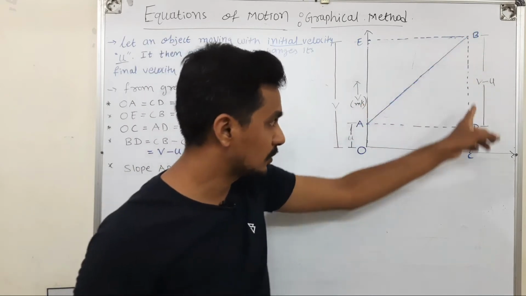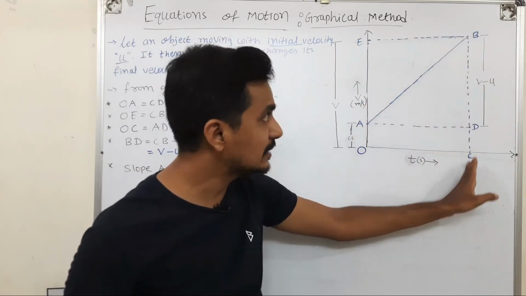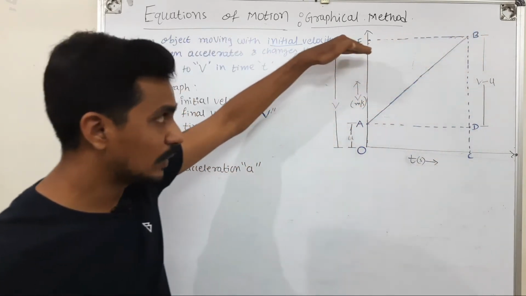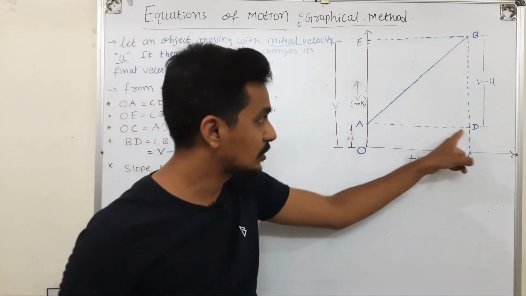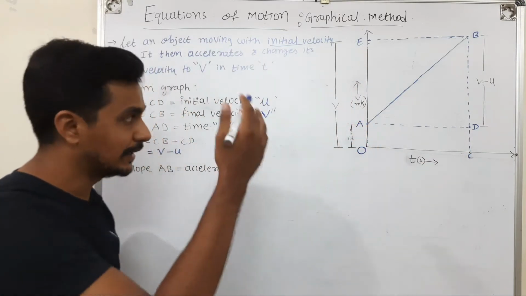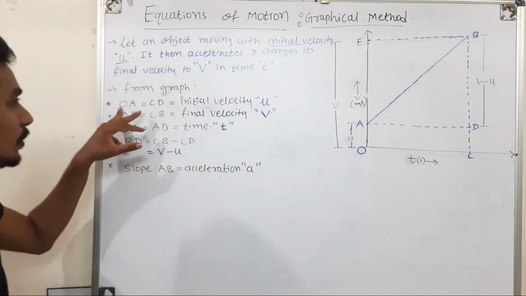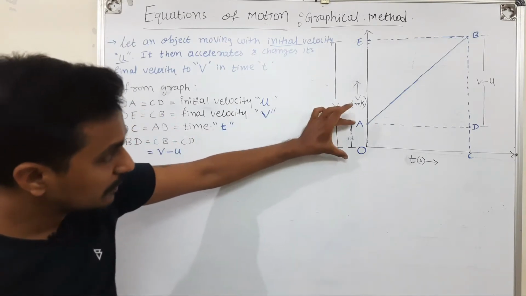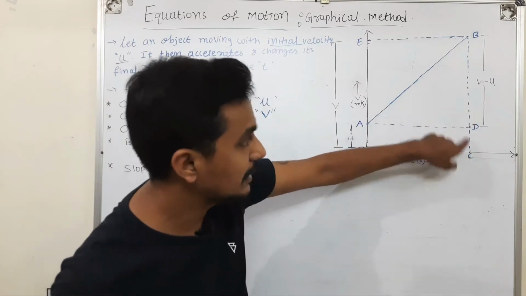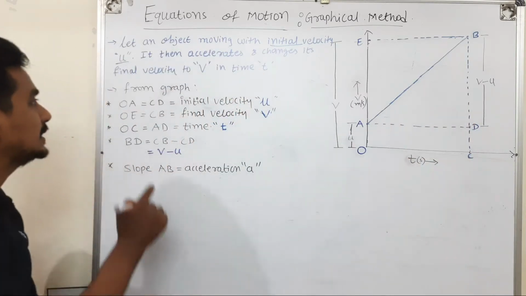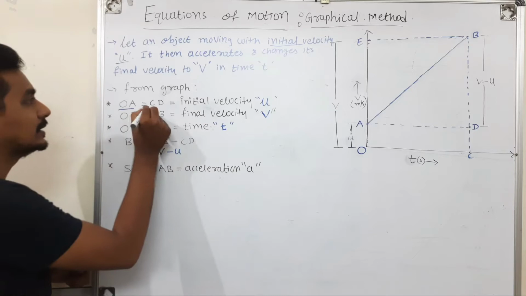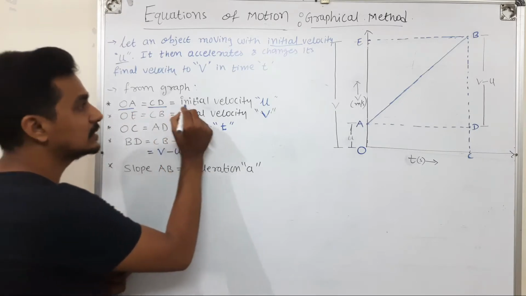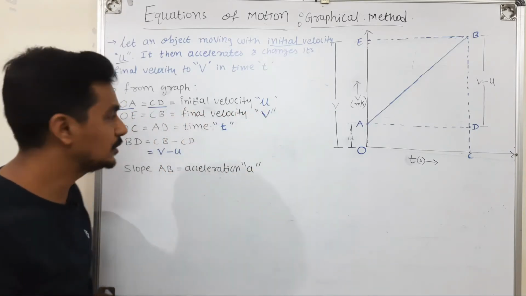Here we have drawn this line perpendicular to the x-axis, another line perpendicular to the y-axis, and this line also perpendicular to the y-axis. So here we have OA, the initial velocity, that is u, which is also equal to this line DC or CD. So OA is equal to CD, which is the initial velocity of the object, u.